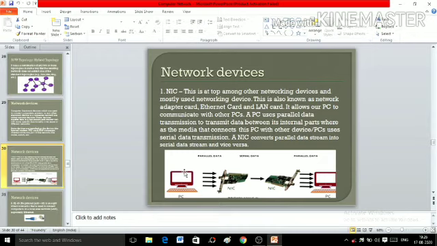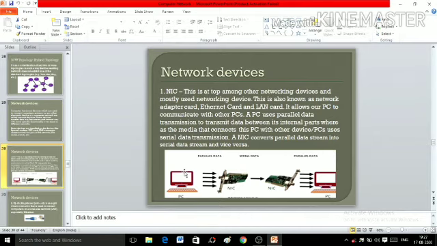Whereas if this PC on the left hand side wants to communicate a message to another PC on the right hand side, then the message or information will move in serial data transmission form to the other PC.